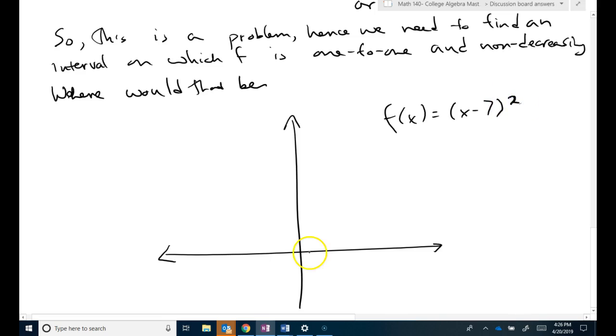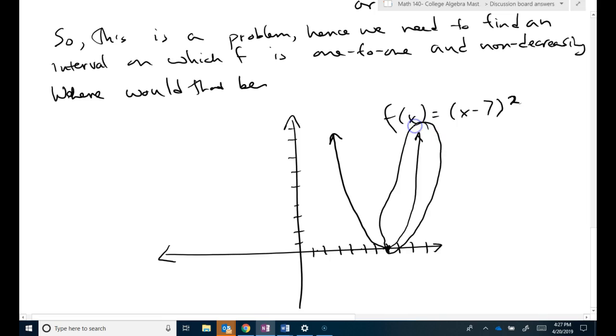It is an upward facing parabola that has its vertex at (7, 0). Okay, so it looks like that. So where is it non-decreasing? Well, it's going to be non-decreasing over here, that means basically where it's increasing. And so you can start right here at x equals 7. So our interval is going to start at 7 and it's going to go to infinity.